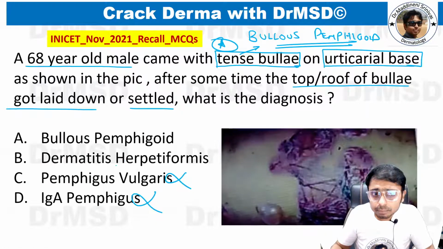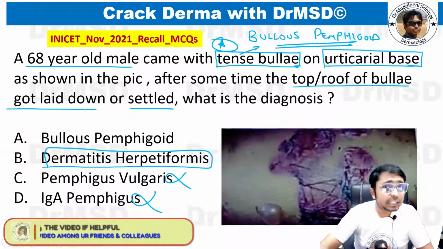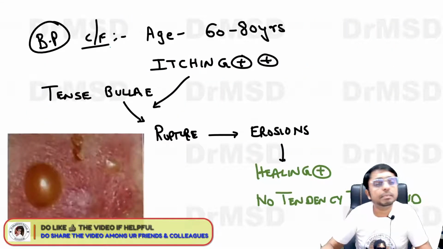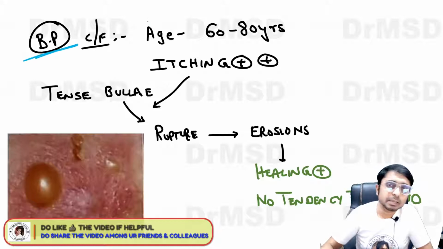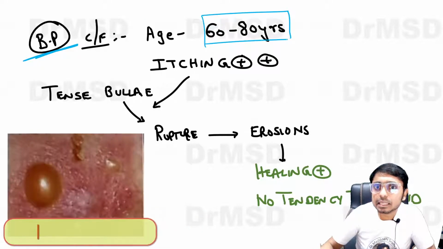And if you look at dermatitis herpetiformis, this is a subepidermal blistering disorder, but the clinical manifestation of dermatitis herpetiformis will be different. So let us see briefly the clinical manifestations of bullous pemphigoid and dermatitis herpetiformis. In bullous pemphigoid, the age group is 60 to 80 years, that is elderly.